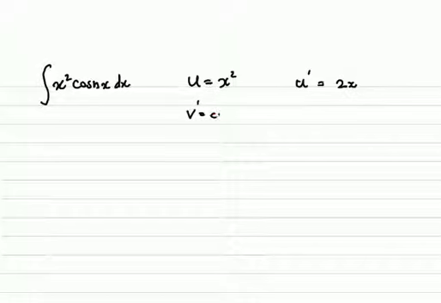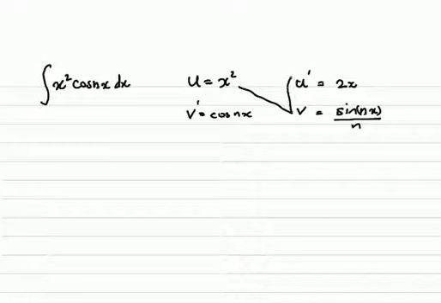So our choice must be u equals x squared, and then u prime would be equal to 2x, and our v prime is going to be equal to cos nx, and our v, which is the integral of that, is going to be sine nx divided by the derivative of the argument, which is n. Then again, in the formula, v and u come together, and there is 2 under the integral sign, and we subtract them.